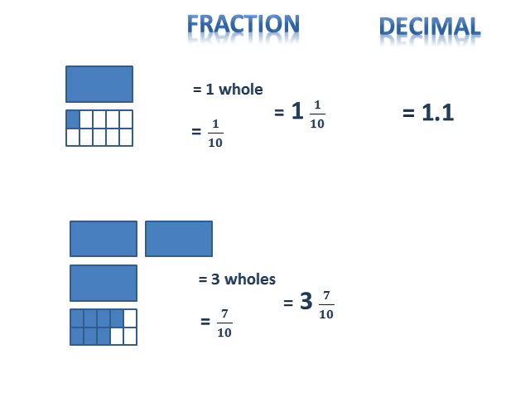How do we change 3 and 7/10 into decimal? 3 is for the 3 wholes, that will be 3 in the ones place, and 7/10 is 0.7 for the decimal. So that's 3.7. That is your decimal. Basically, you write the whole number in front of the decimal and then the fraction.